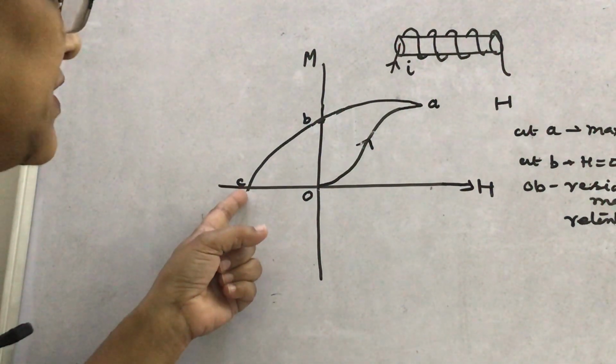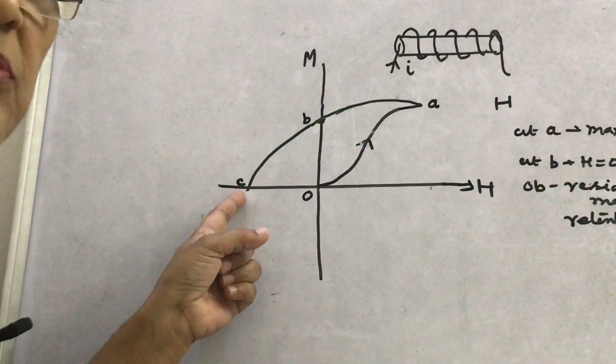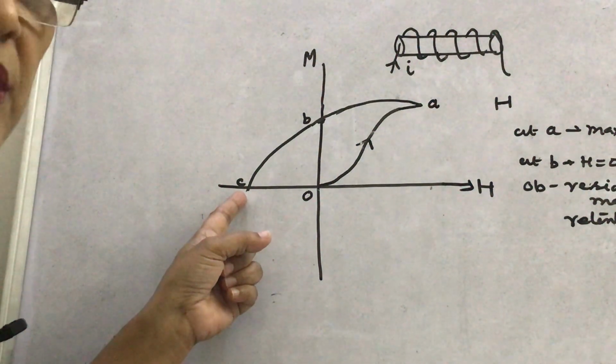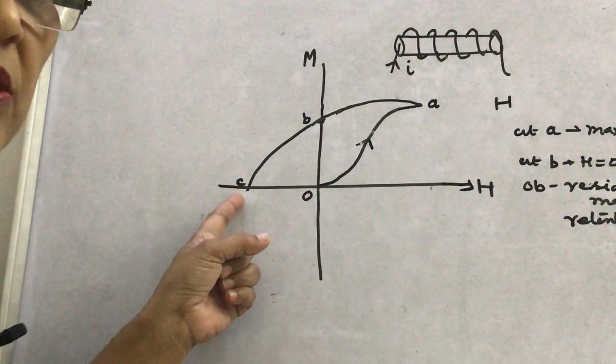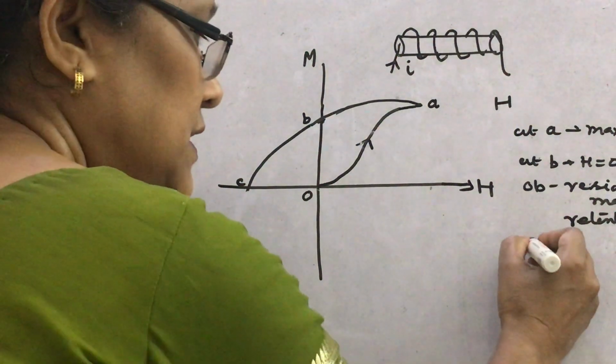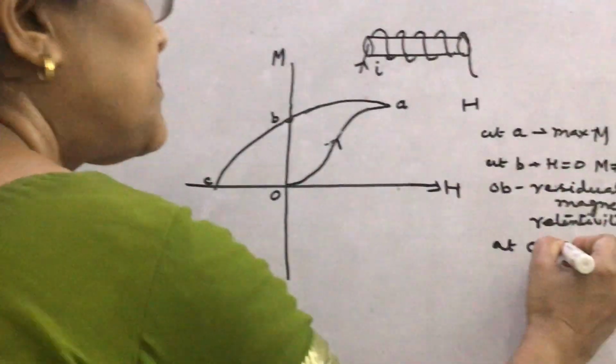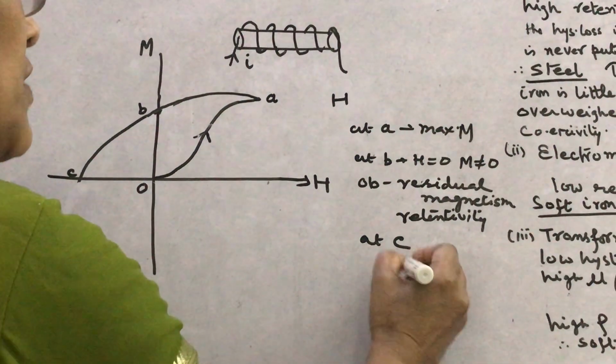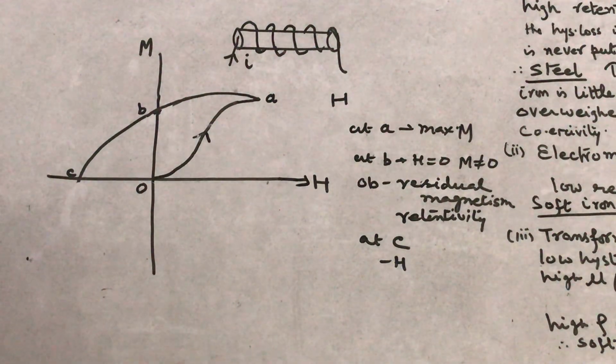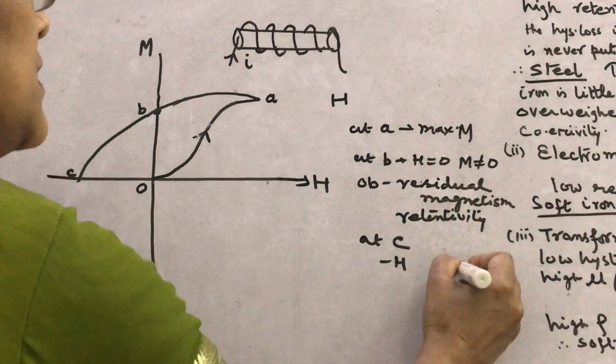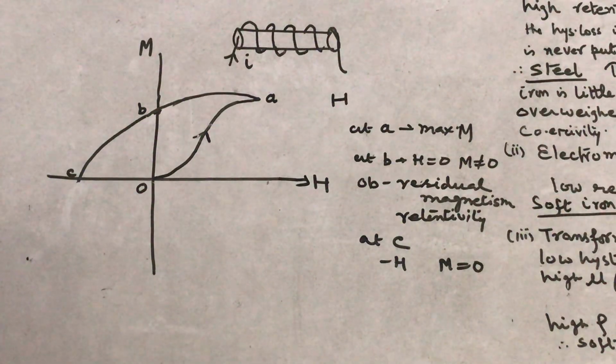You know, at point C, the value on the y axis will be 0. What will be 0? Magnetization. So what is seen? That at C, for reverse magnetizing intensity, the magnetization becomes 0.